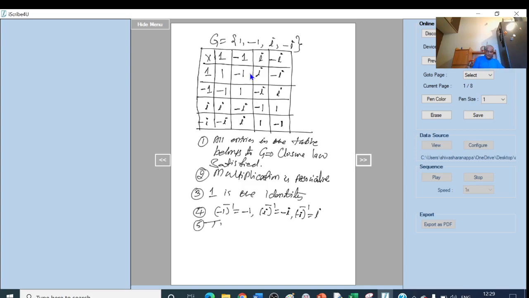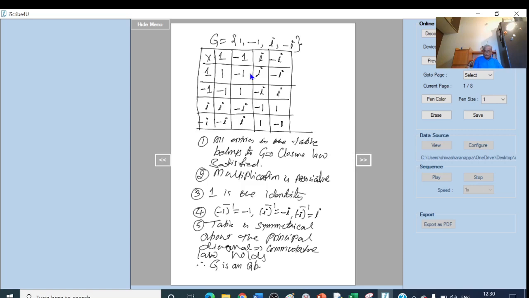Fifth one, the table is symmetrical about the principal diagonal, which implies commutative law holds. Therefore, G is an abelian group.